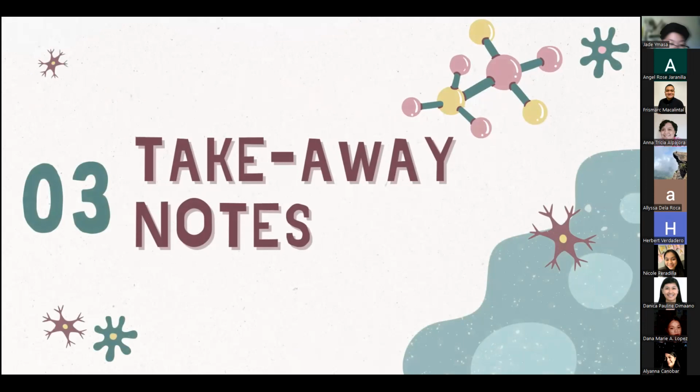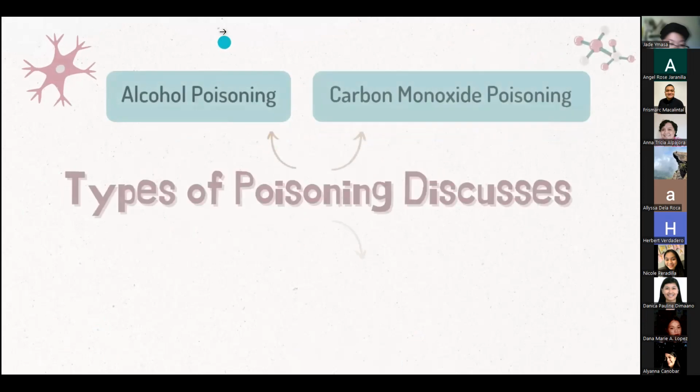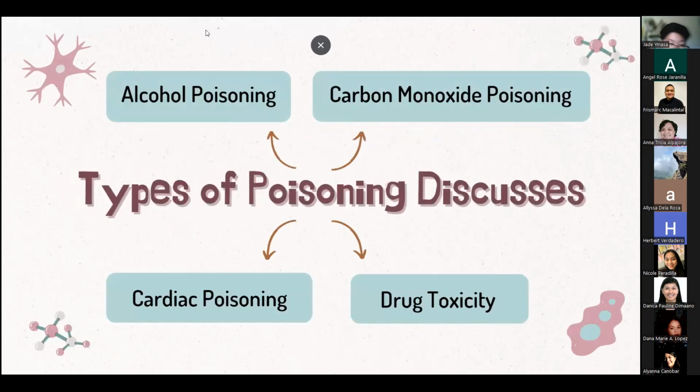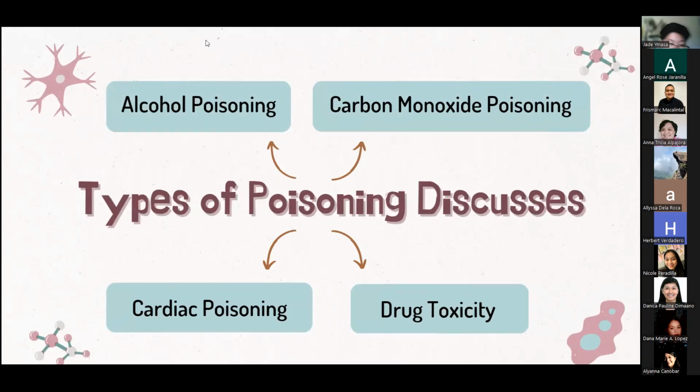So for our takeaway notes, again, the different types of poisoning that were discussed earlier include alcohol poisoning, carbon monoxide poisoning, cardiac poisoning, and drug toxicity. Note that these were only a small portion of the topic of poisoning, and there are many more types that were not discussed because it requires an extensive presentation.